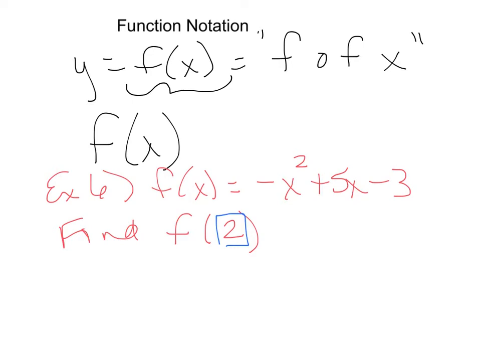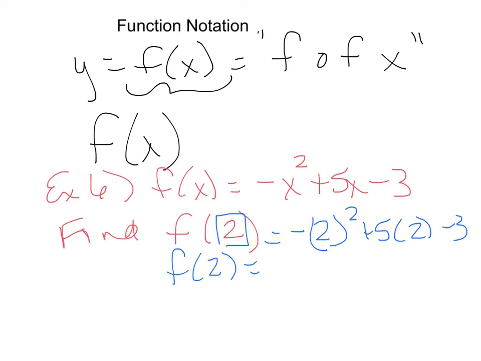So f of 2 in this instance just means I'm going to take that 2 and put it in place everywhere I see an x, and then solve. So my input value here, my x value, is a 2, and we have to figure out what the output or the y value is. So f of 2 is now equal to negative 4 plus 10 minus 3. So f of 2 in this instance is a positive 3.